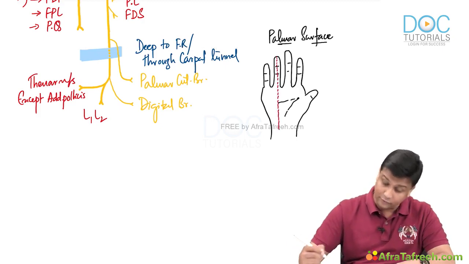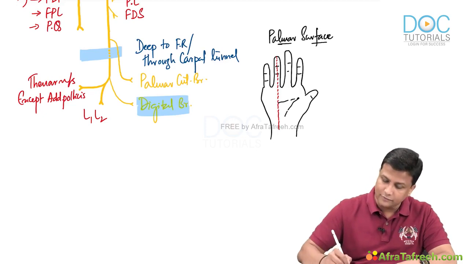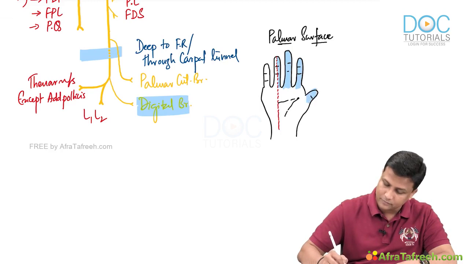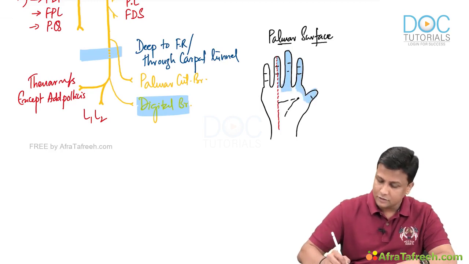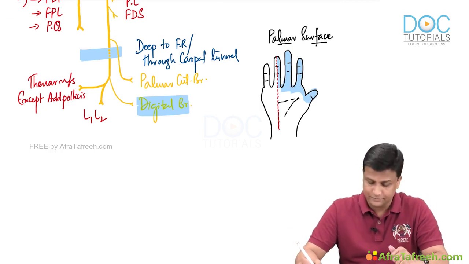But in that lateral 3.5 also, remember that the digital branch is the one which will be supplying the lateral 3.5 digits. I'm using the same color there. It will be supplying the lateral 3.5 digits. Okay. So the digital branch will be supplying only the lateral 3.5 digits, fingers.